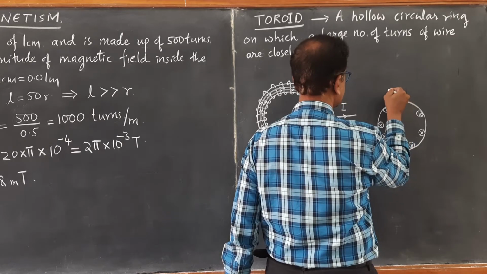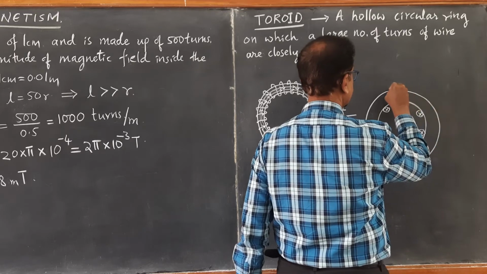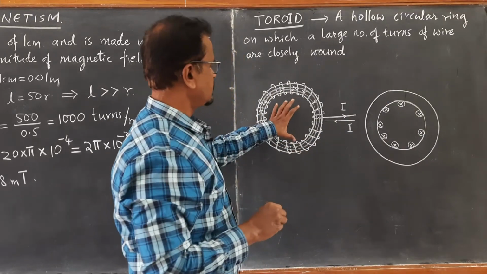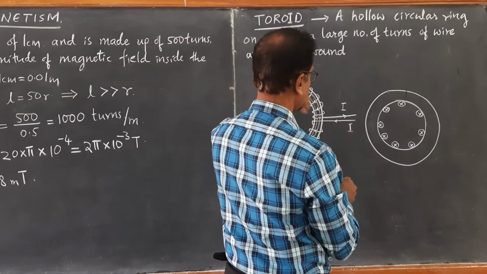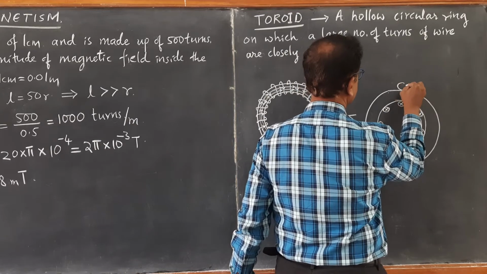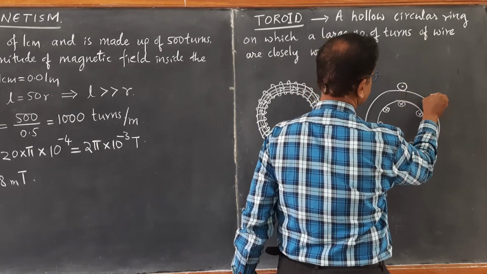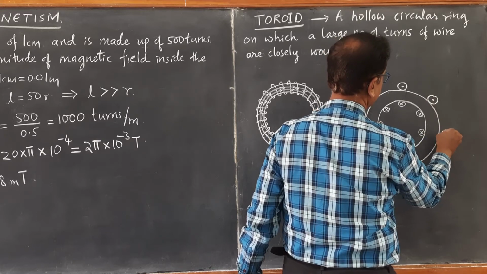Now, this is the exterior radius, the outer radius of the ring, where you can see the current is emerging. So, schematically I can show dots, the same number of dots.